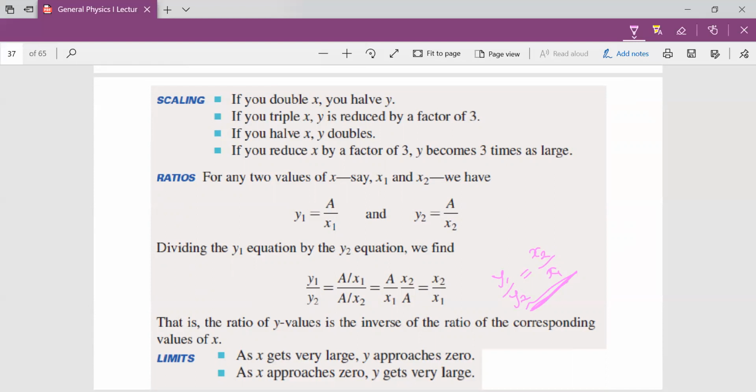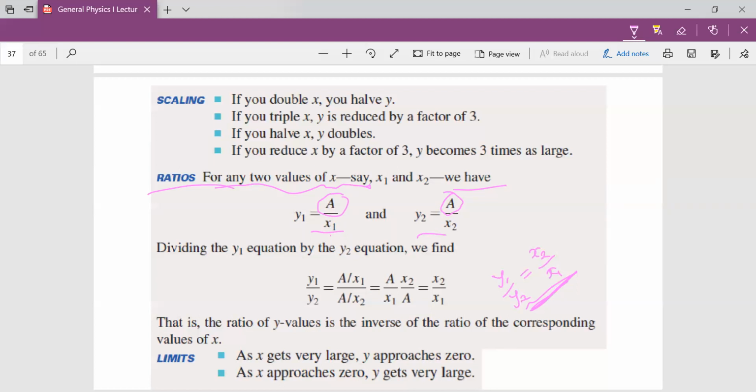So if we assume that for any two values of X, say X1 and X2, we have Y1 with the constant of proportionality, and Y2, can we relate these two? These two events can actually be related. So what we did is to divide the Y1 equation by the Y2 equation to get the ratio.